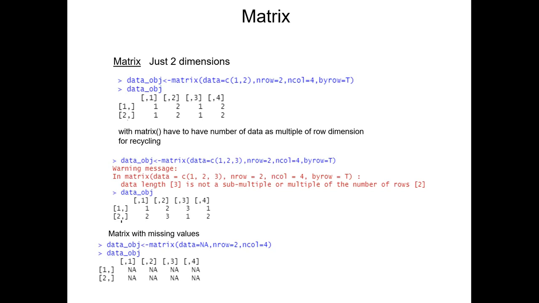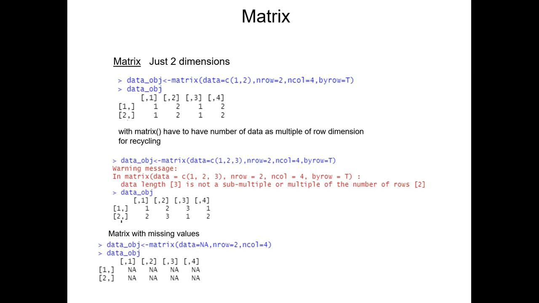You could also say byrow is false, so then it would number in the first column, which, the columns are the uppercase, the brackets above the numbers, and the row numbers are on the left side of those numbers. If you use byrow equals false, then it would fill the matrix starting in column 1 and go 1 in row 1 and 2 in row 2, and keep doing that over and over again.